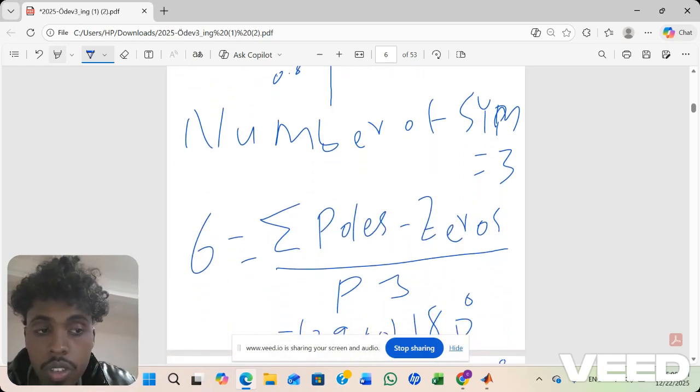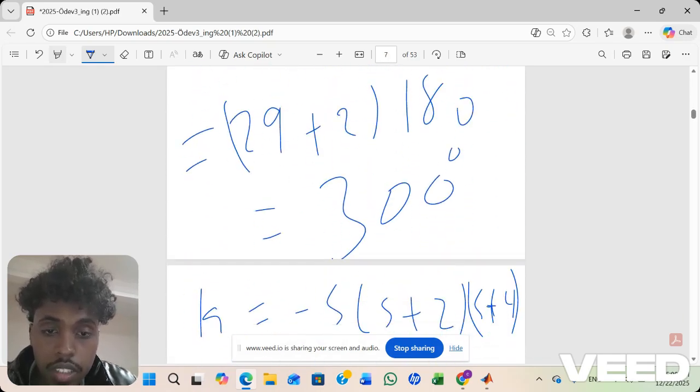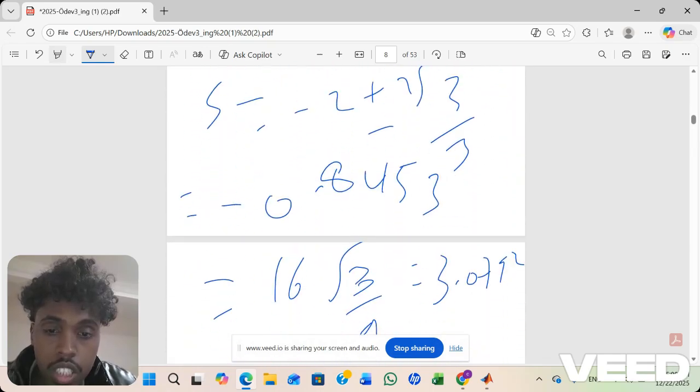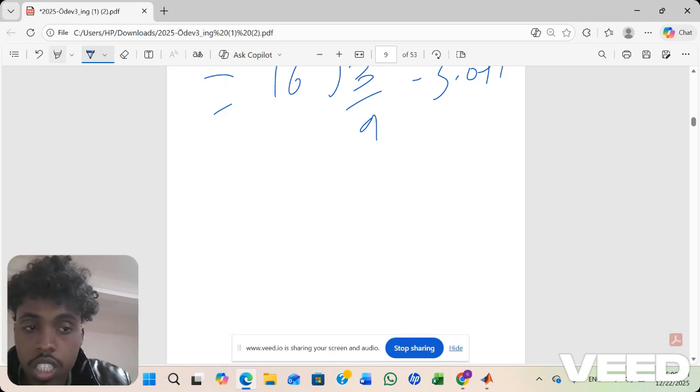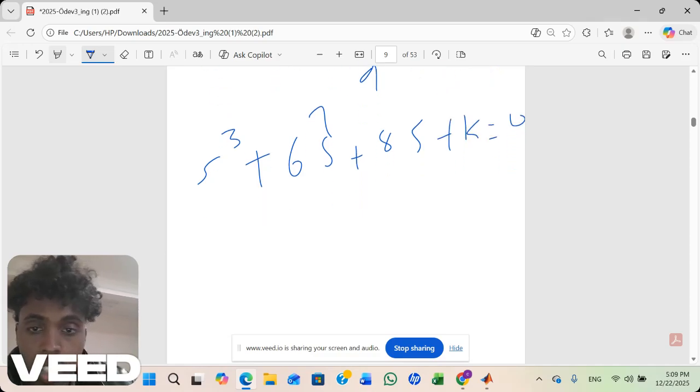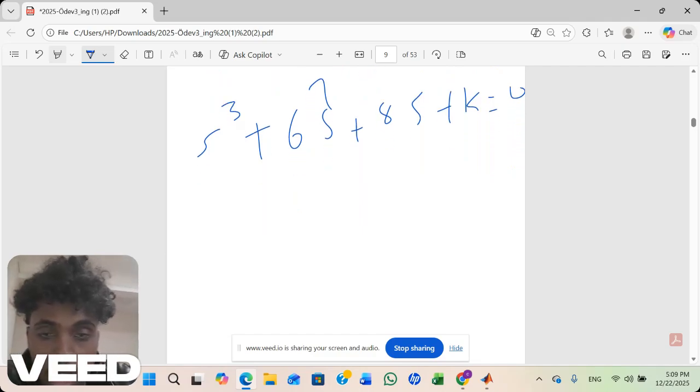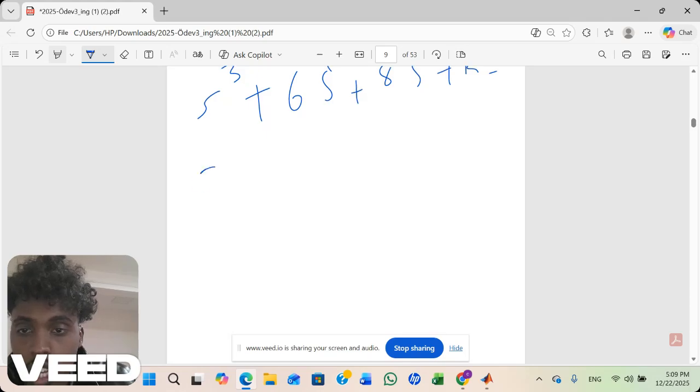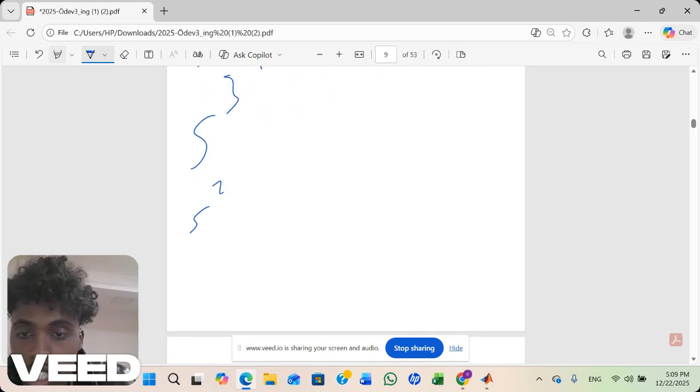Now we use the stability test, the Routh array. The characteristic equation is s cubed plus 6s squared plus 8s plus K equals 0. We write the rows s cubed, s squared, s1, s0.